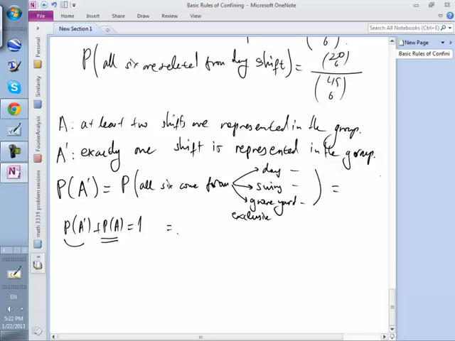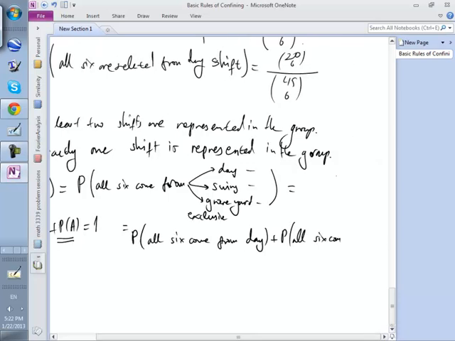So P of A prime is the sum of all 6 come from the day shift, plus all 6 come from the swing shift, plus all 6 come from the graveyard.